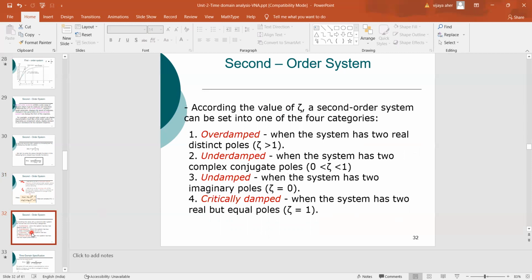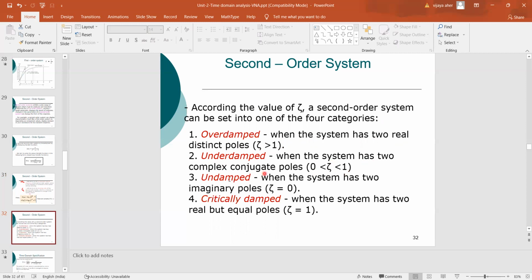No? Okay, now depending on the value of zeta, that is damping factor, the second order system can be put into one of four categories. If damping factor zeta is greater than 1, the system is overdamped, and the system has two real distinct poles. Then second category is underdamped, when zeta is lying between 0 and 1, less than 1.